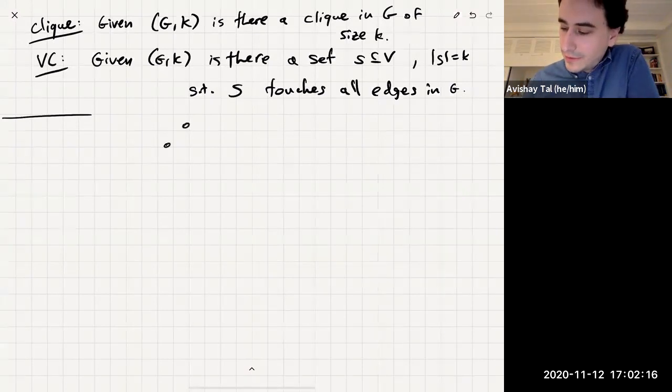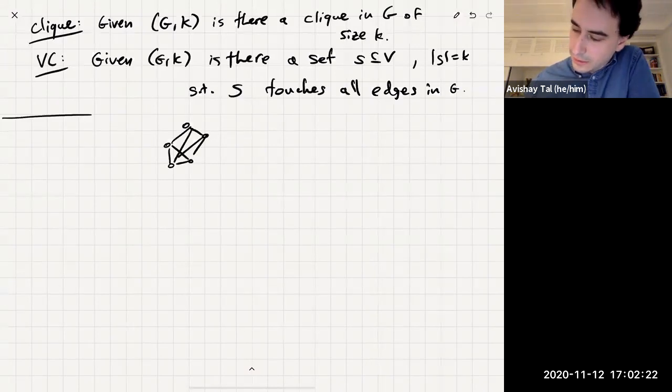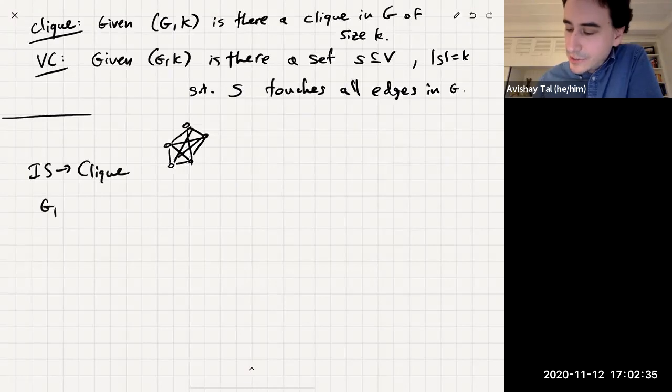You have k vertices and all of them are connected. Right, so independent set, and the reduction is very simple. From independent set to clique, you just take G, k and you output, let's call it, G bar, k.